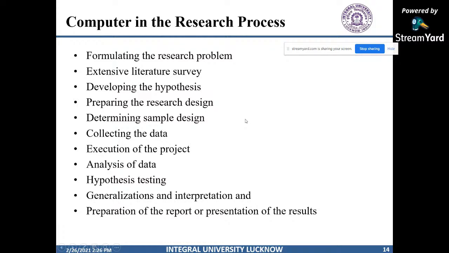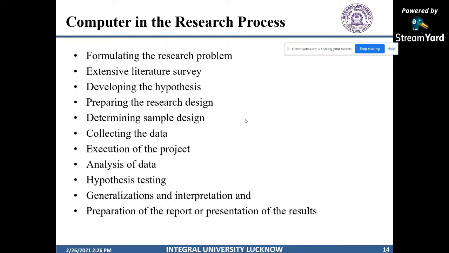Now we come to computers in the research process. How are these computer applications or computers helpful in the research process? As we know, the research process consists of a series of actions or steps necessary to effectively carry out research, and the desired sequencing of these steps.